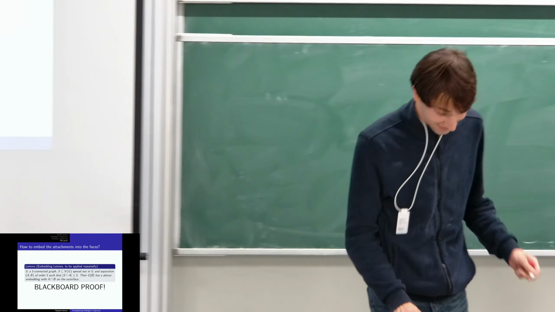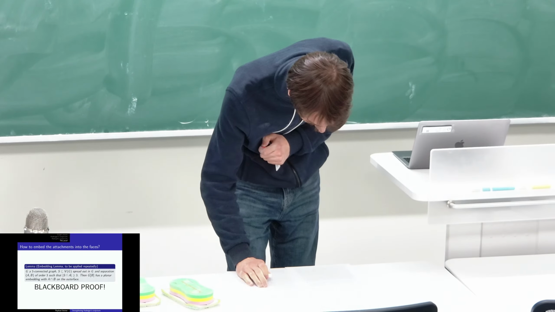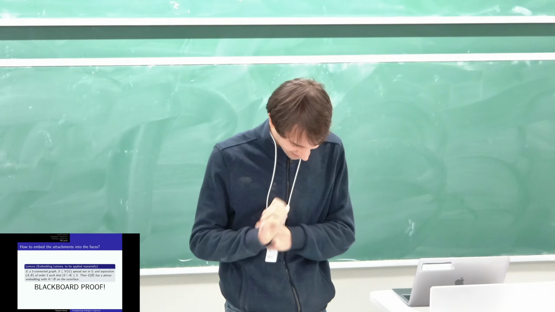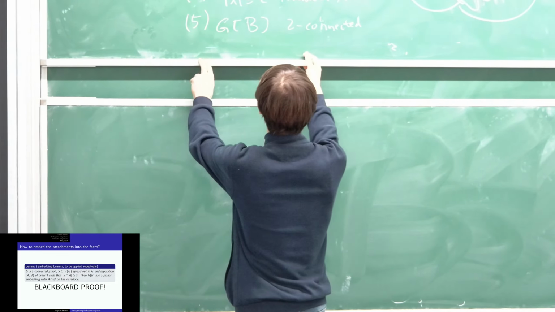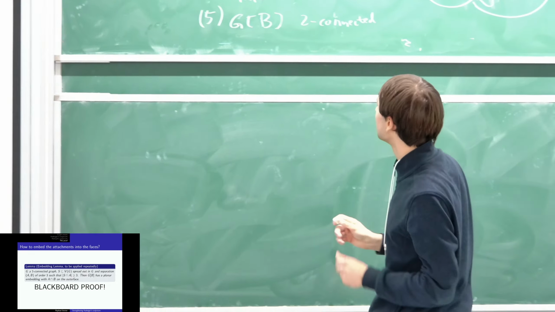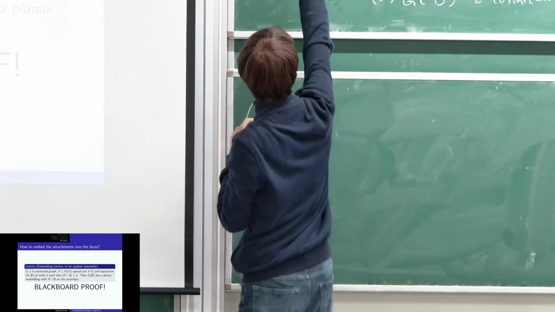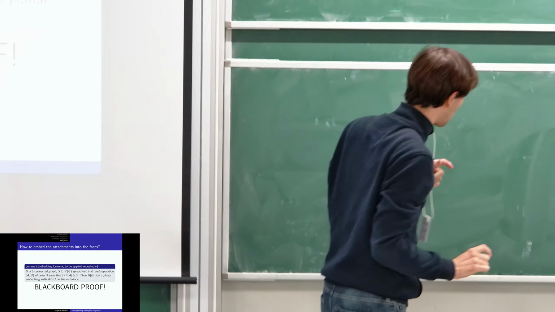So now we will finally, soon we will reach a nice point here in this proof. Yes. So now we have that G of B is two connected and B has size at least 5. And now what we will do is we will basically use the fact, and this is very important, that we have these three vertices here and we can project them by these paths onto the separator.